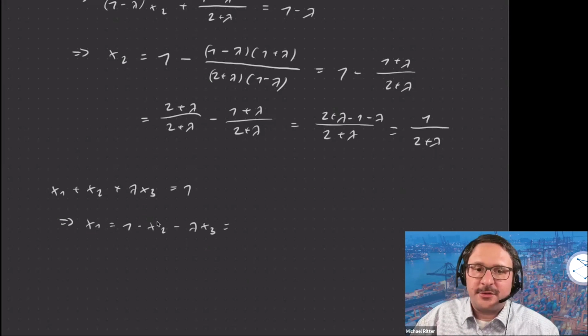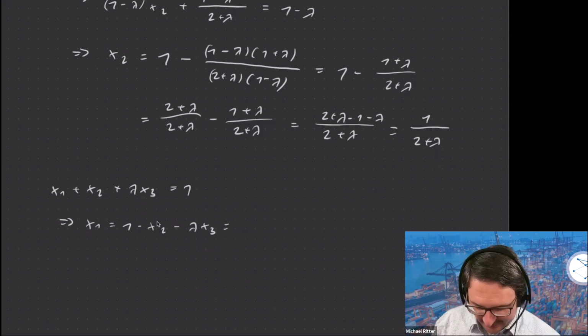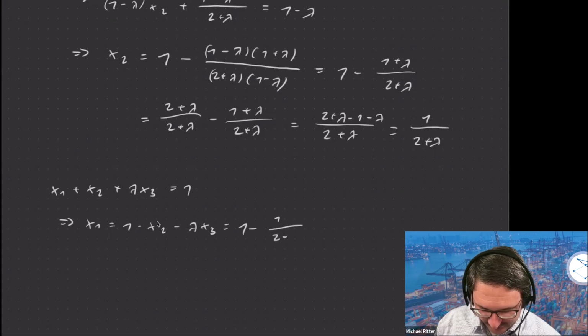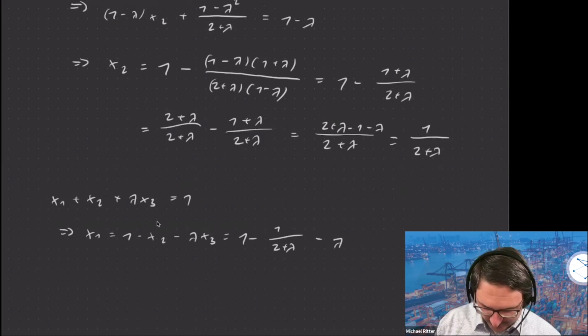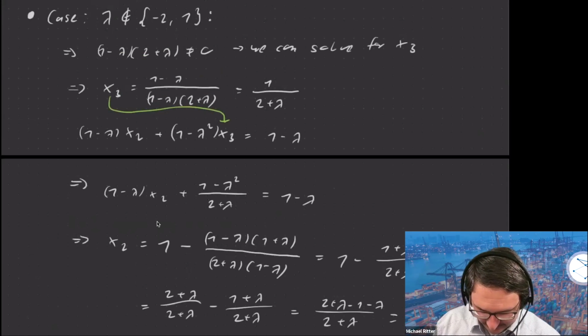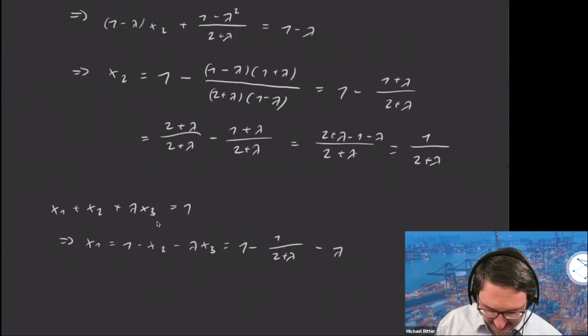And again, I'll substitute the results I already have. So this is 1 minus my x2, which is 1 over 2 plus lambda, minus lambda times my x3, which is 1 over 2 plus lambda. Here it is.